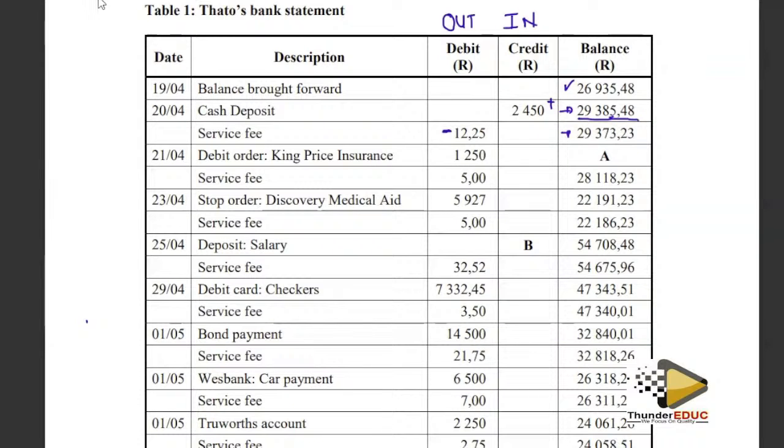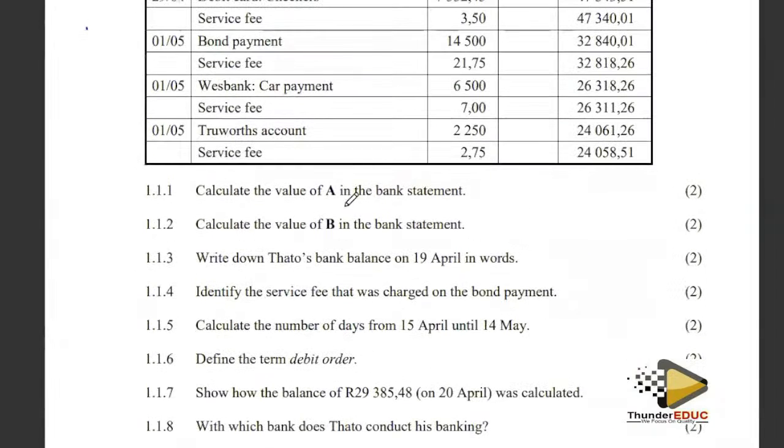Look at the value of A in the bank statement. Now, when you look at the value of A, they took this number here, they subtracted this value here, and they got the value of A. How are we going to do that? The value of A, I said, the previous balance of 29,373 rands 23 cents minus the debit of 1,250.